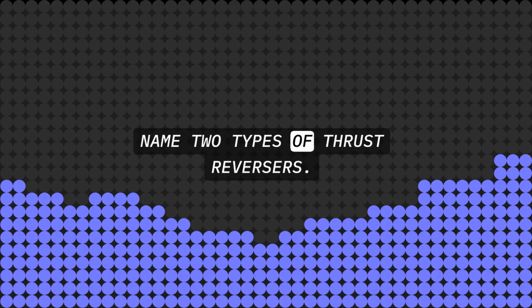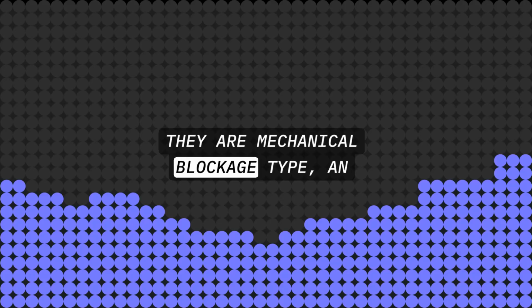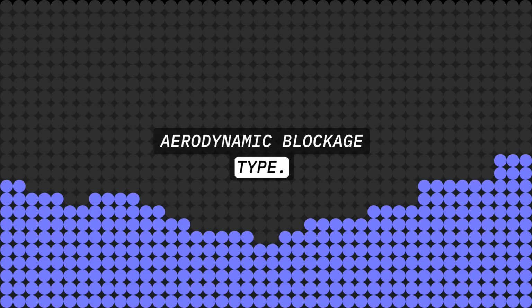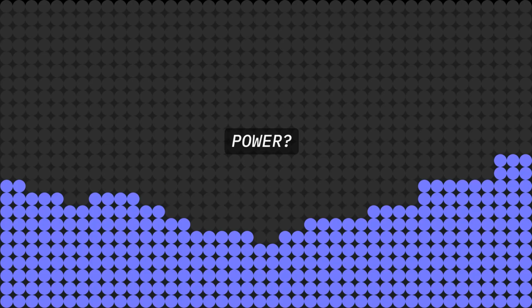Name two types of thrust reversers. They are mechanical blockage type and aerodynamic blockage type. Can a thrust reverser deliver 100% of engine power? No. What reference do you use when cleaning and inspecting propellers for cracks?